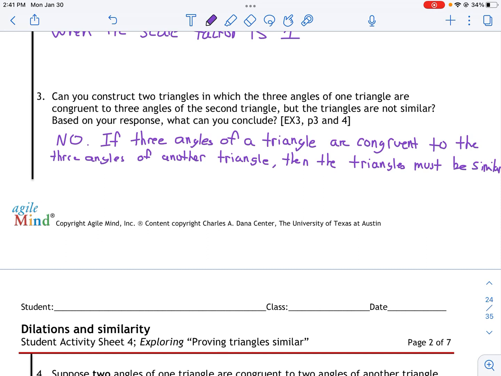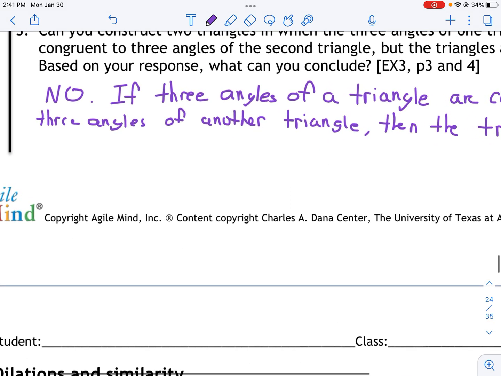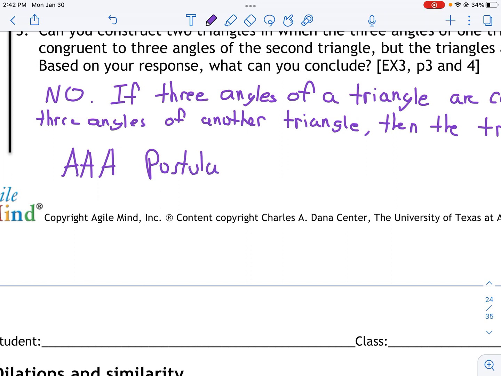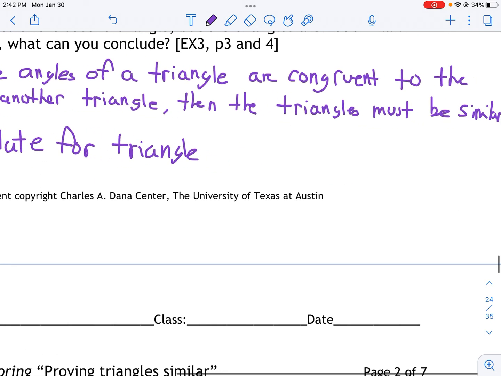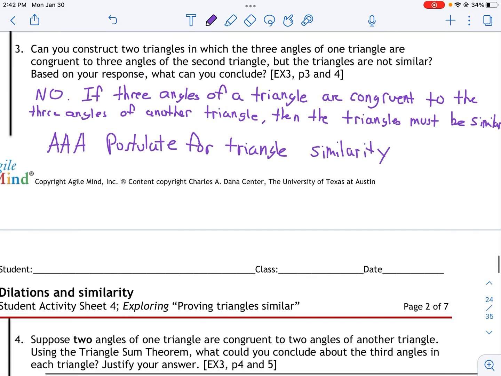So what does this all mean? This means that if I have 3 angles of one triangle congruent to 3 angles of another triangle, they must be similar. So therefore, we can say that AAA is a postulate for triangle similarity.